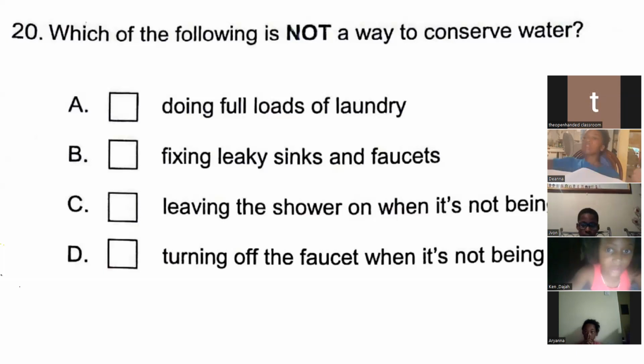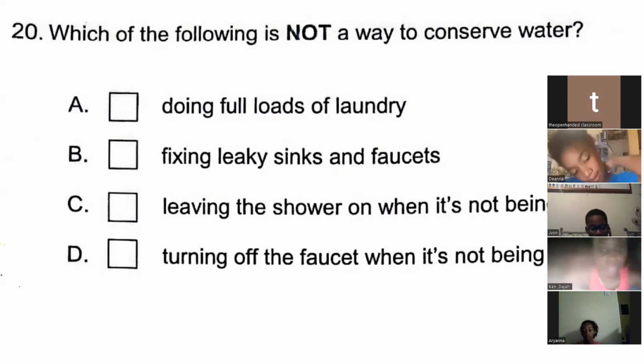I think it is C. All right. Would you say the C is what?